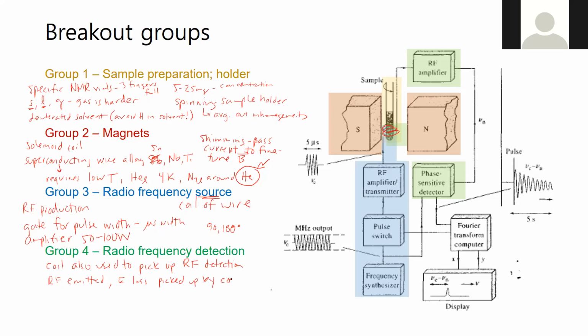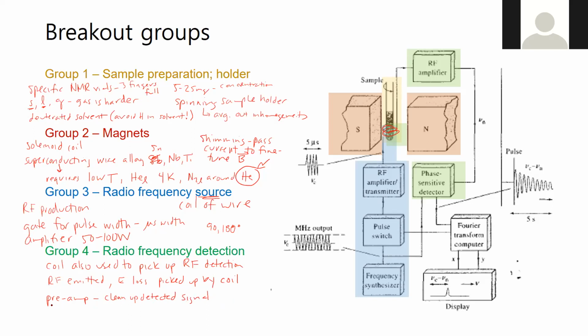So once these RF frequencies are picked up by the coil, it's sent to the preamp. The main job for the preamp is to clean the detected signal from the noise. So what they do is they ensure that the final signal to noise ratio is dominated by the coil and the sample and not by the electronic noise.